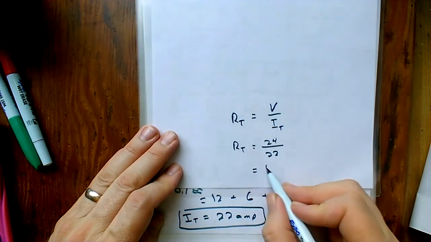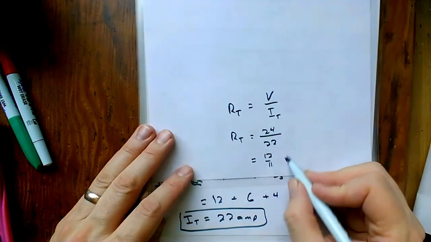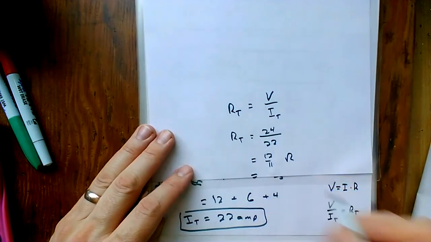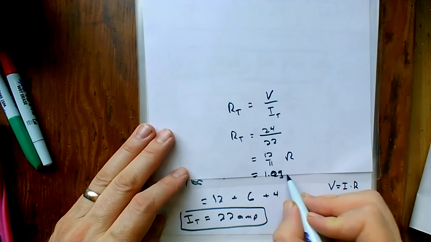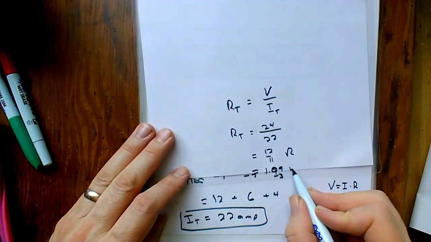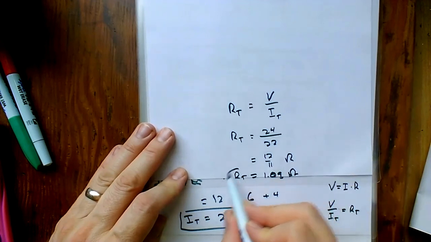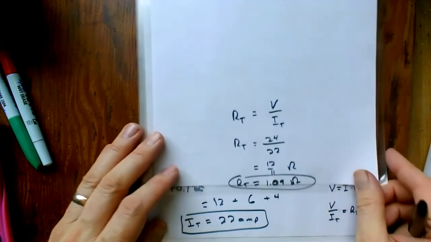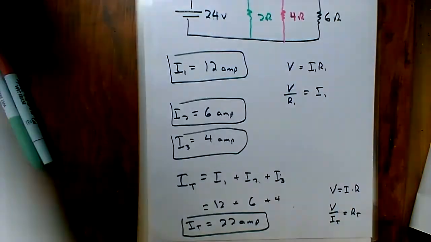And that's going to be, oh gosh, 12 over 11, which ought to look really, really familiar. 1.09 repeating for that total resistance. So there's a couple different paths of doing this, and as you see, it actually comes out to be the same as we had before.